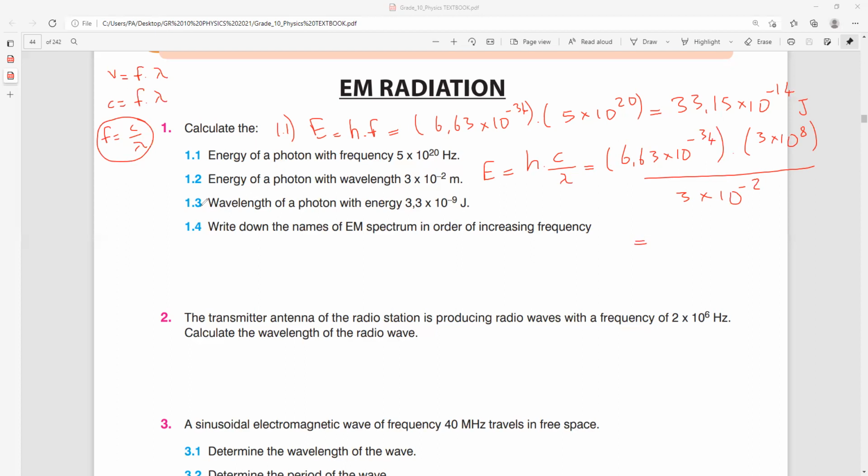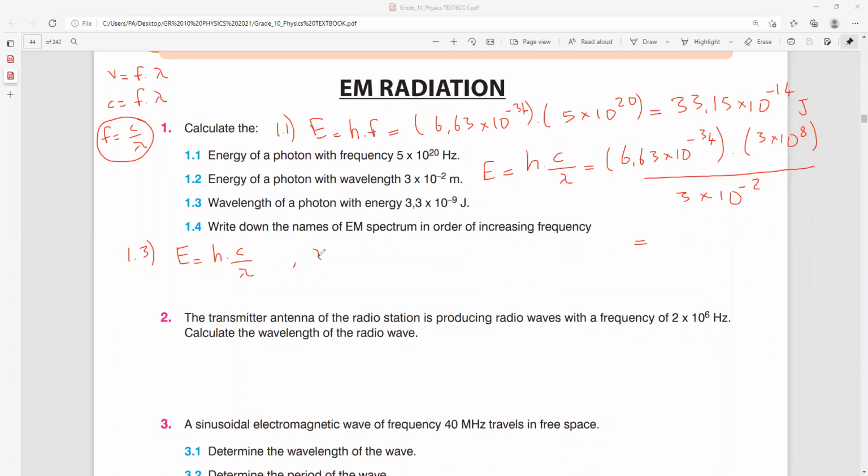But I will carry on with 1.3 now. When I get the answer from you, I will write it just there. Okay, 1.3. People, wavelength of a photon with energy. Now energy is given. So this is our formula, hc over lambda. But how can we get lambda? Just swap these two, people, to make it easy.